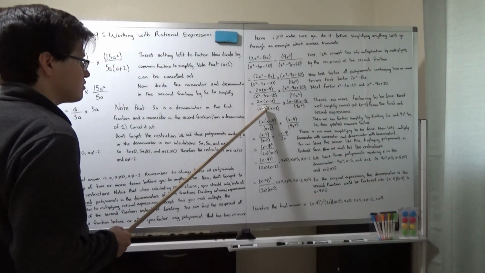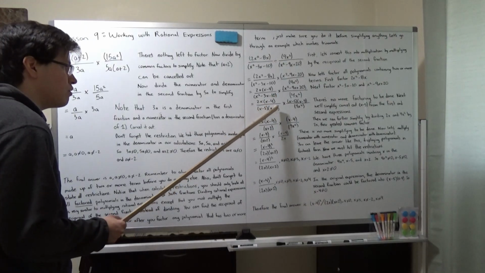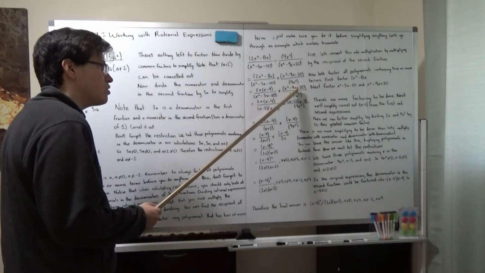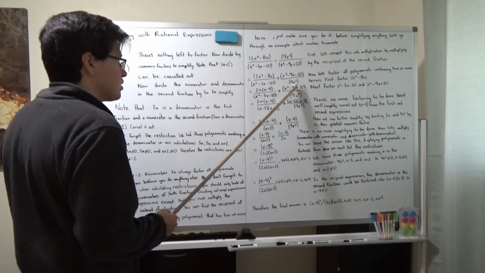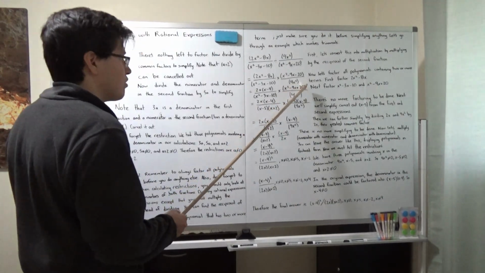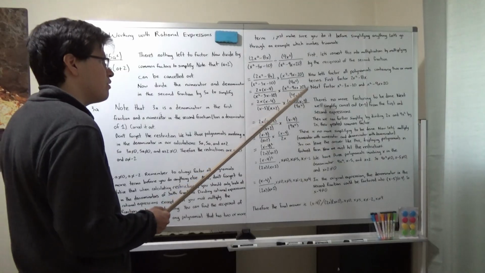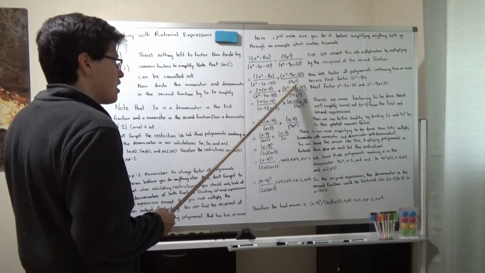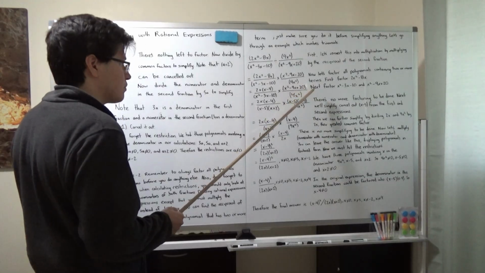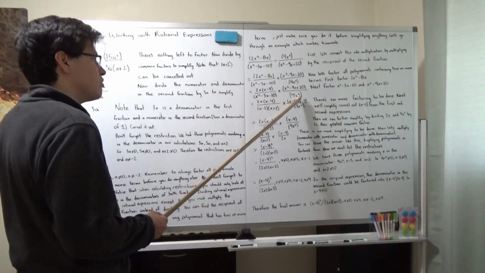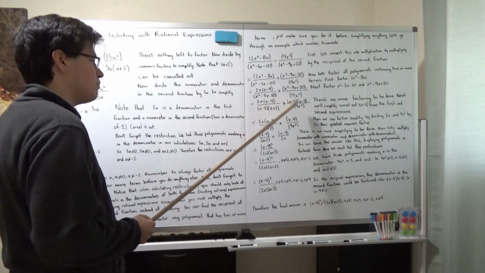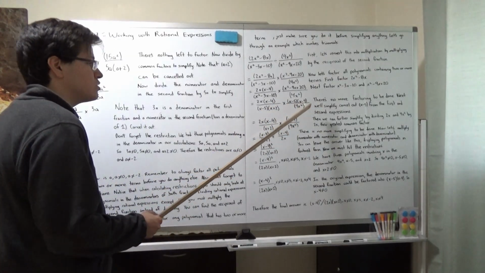So we have x minus 5 times x plus 2 in factored form. And here, we need two numbers that add up to negative 9 and multiply to positive 20. Negative 5 and negative 4 do that. So we write x minus 5 times x minus 4, and we bring everything else down. There's no more factoring to be done.